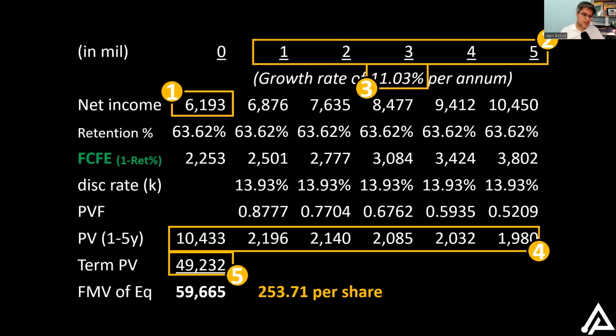So as you can see, the fair value of 60 million, or around $253 per share, the major component niya would be the terminal value. And the terminal value actually is built on the first 5 years. Ano yung trend? Ano ba yung sustainable cash flows mo subsequent to your time horizon?